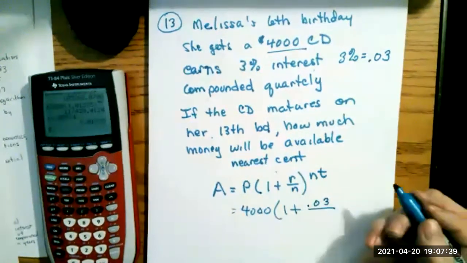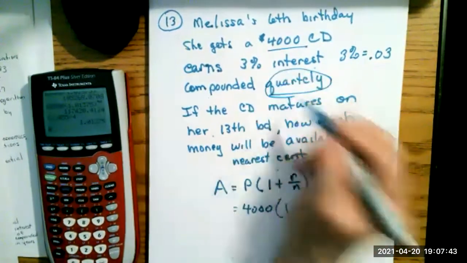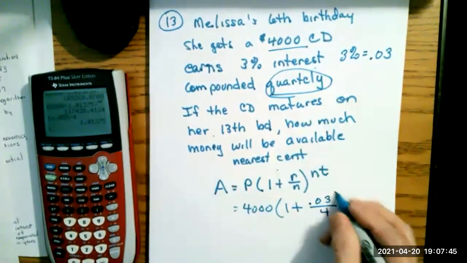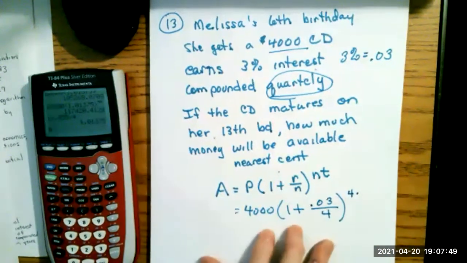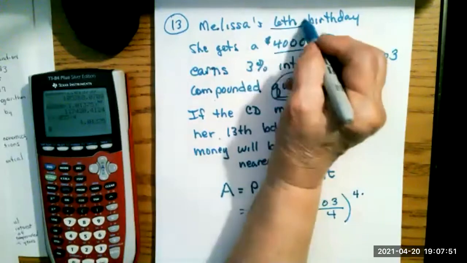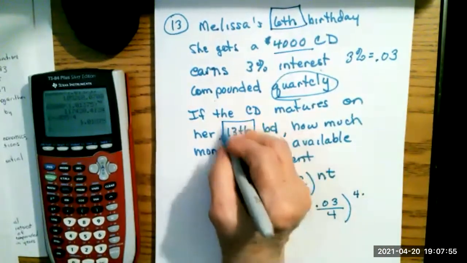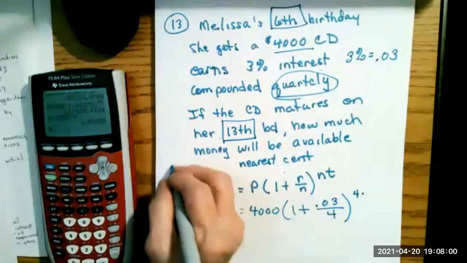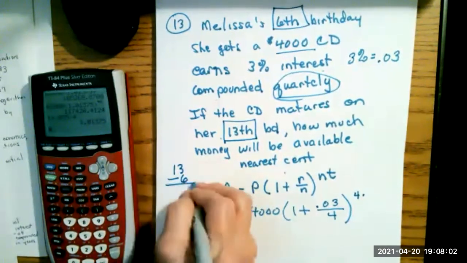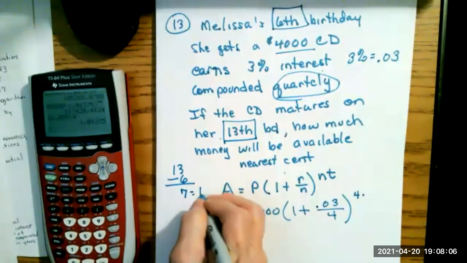And how many times per year is it going to compound? 4. And then I have a 4 times, and I got to figure out my time here. She got it on her 6th birthday, and it matured on her 13th birthday. What is our T? 7. So T equals 7.